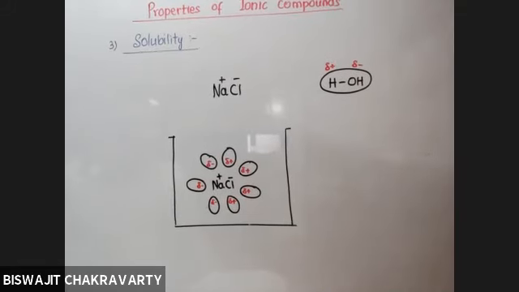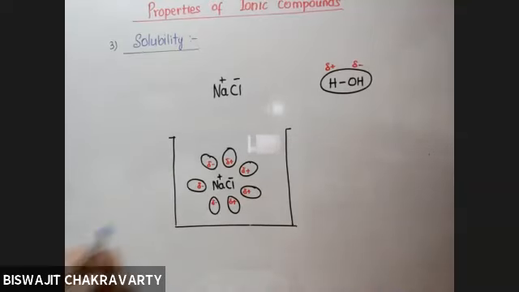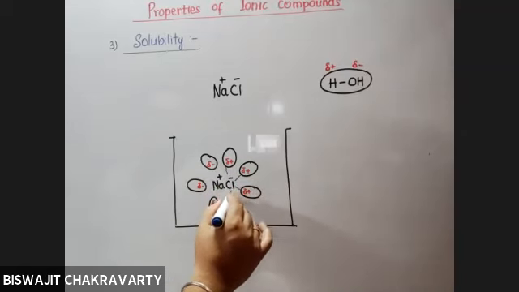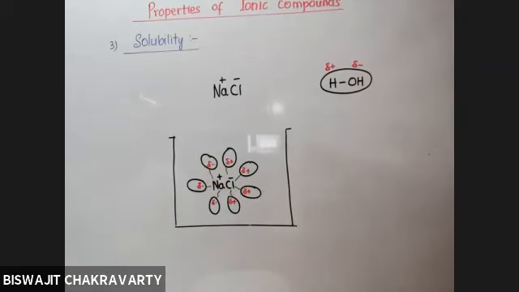So water has two poles. It is a dipole. It has a positive charge on it as well as a negative charge on it. So when they surround the NaCl from all the directions, the Cl minus starts interacting with the positive part of water, and Na plus starts interacting with the negative part of water. And during this interaction, some amount of energy is released.